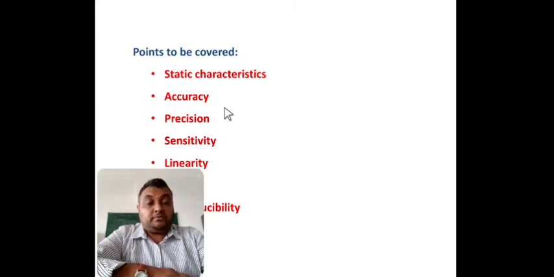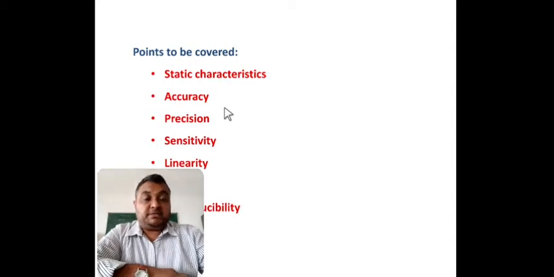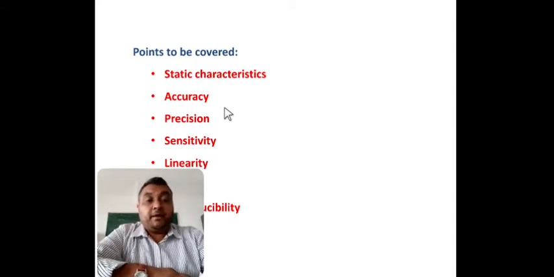All those terms are very important for this subject, electrical measurement and measuring instruments. So we will begin with the static characteristics. What are the things included in static characteristics, we will see one by one.